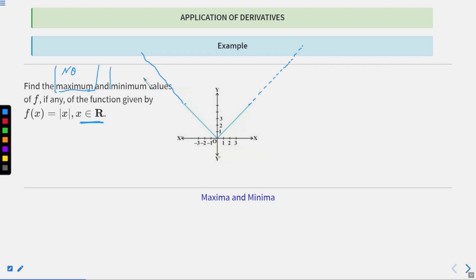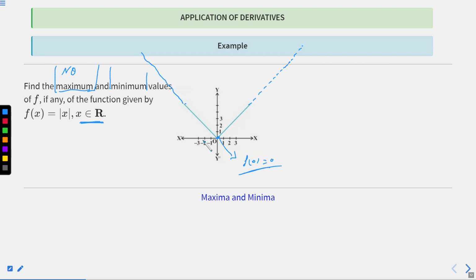But what about the minimum? The minimum will be this point 0. So your minimum value is f(0). Clear? From the graph, you can easily say that.